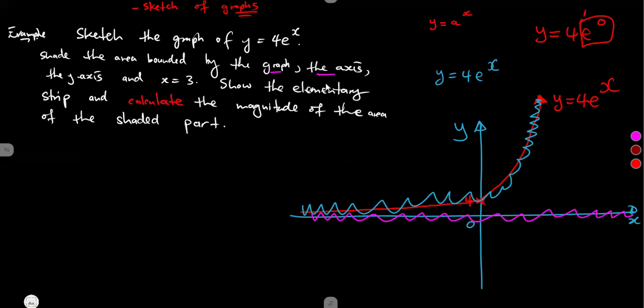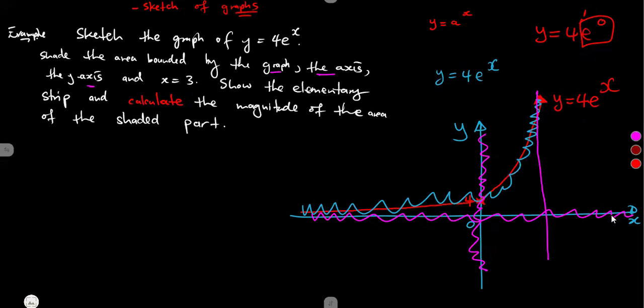Then they did not stop there. The y-axis also has to be considered, and x is equal to 3. The line x is equal to 3 is a vertical line like this. So which region is going to be bounded? You're going to see the region bounded is going to be here, in between.